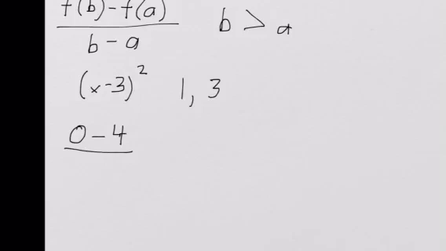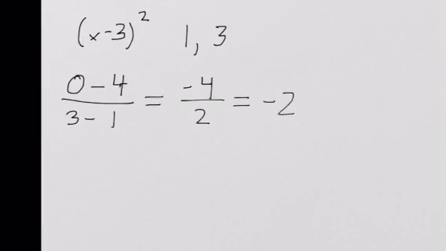And then the denominator is going to be b minus a. So that's going to equal negative 4 over 2, which is equal to negative 2. So that's one way we can use this.